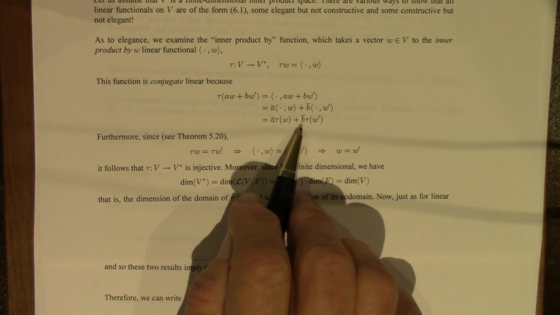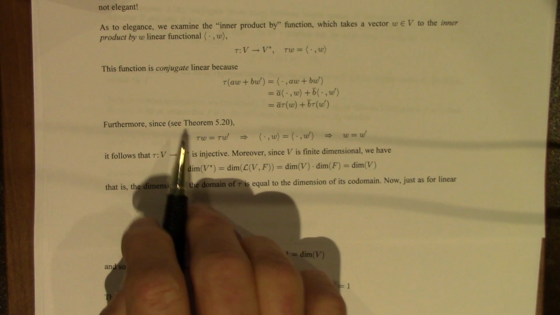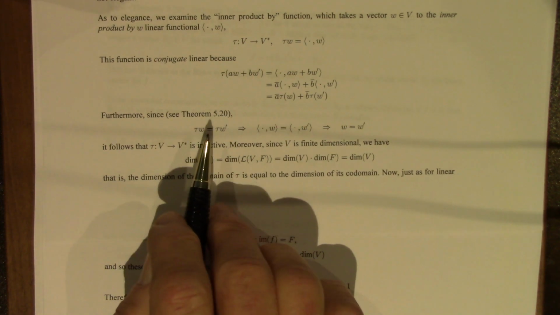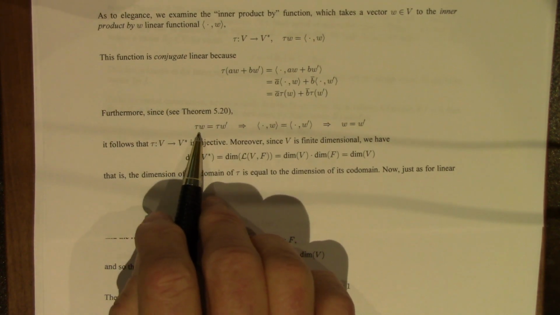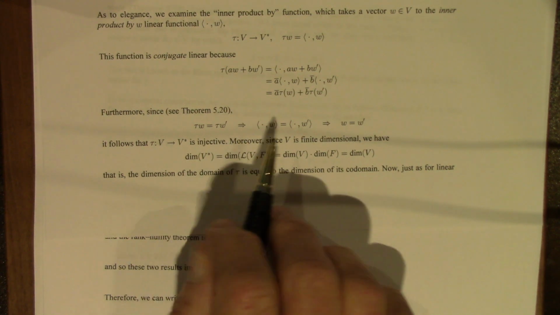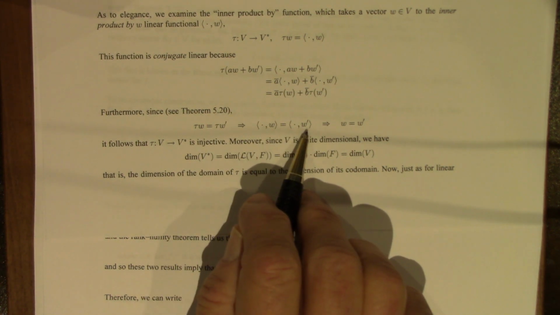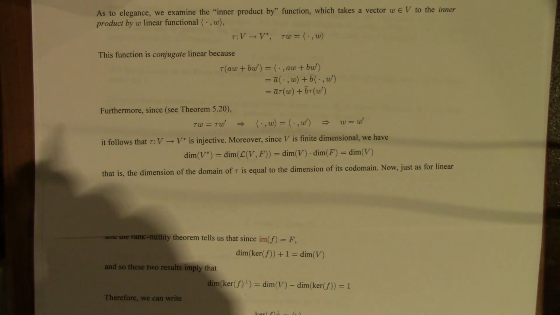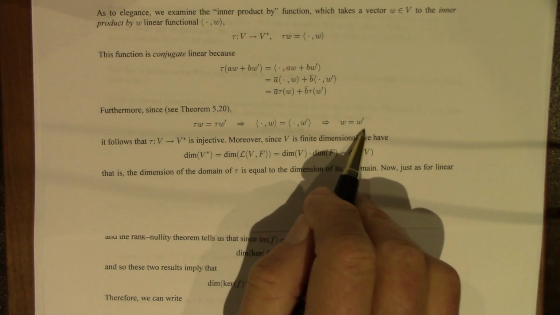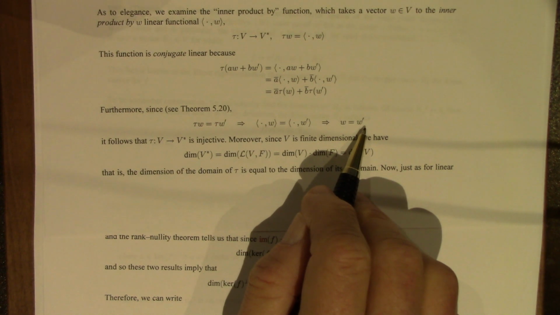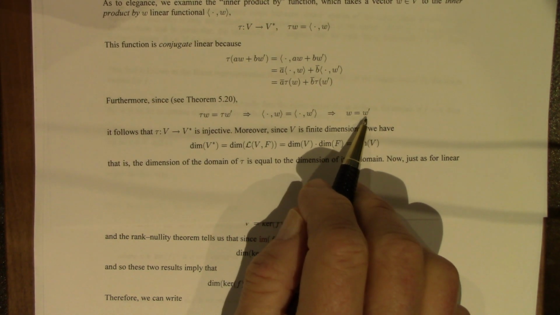Furthermore, we know that if tau w equals tau w prime, in other words, if inner product by w is the same as inner product by w prime, then w must equal w prime. This we discovered in the last chapter.